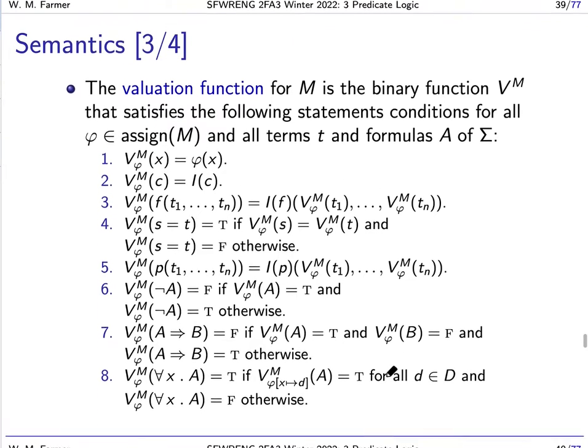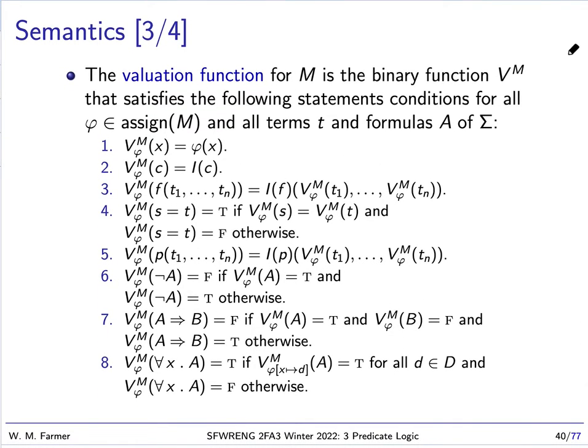So now what I'm going to do is define a valuation function, which I denote like this. It's a function v, and I have this valuation function for a particular model, and that function is going to allow me to define a value for every term of sigma and every formula of sigma. And this will be a binary function.